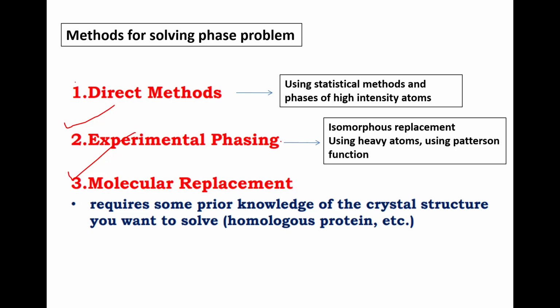So to maintain that, people have actually used something known as isomorphous replacement. You need to optimize your crystal with the heavy atoms in such a way that the overall basis vectors, the size of the overall basis vectors A, B, C, change in a periodic manner.